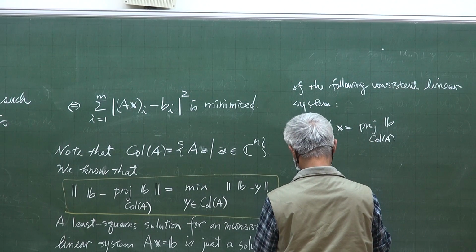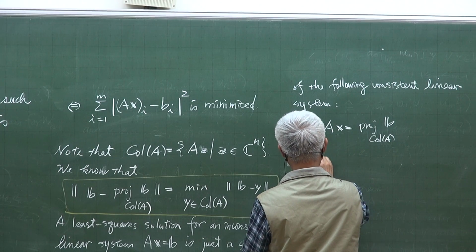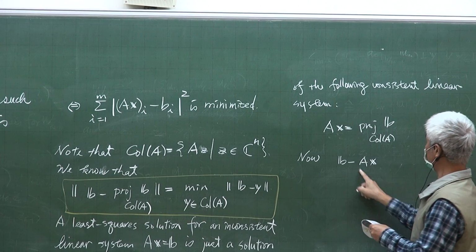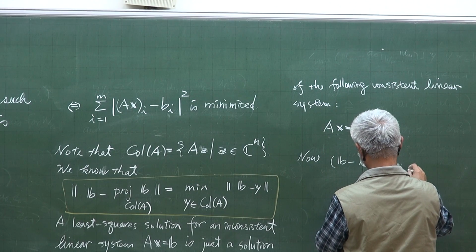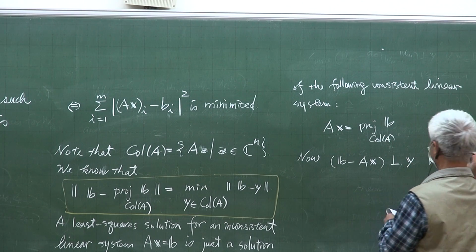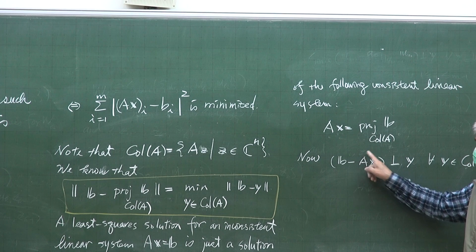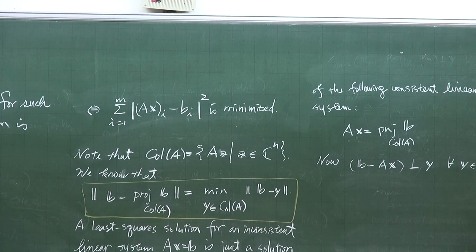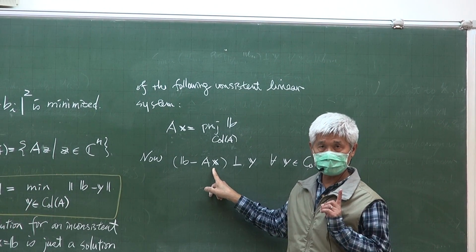Okay, so now B minus AX, because AX should be the projection of B onto the column space of A, so this vector should be orthogonal to all y in the column space of A. Now, AX is already in the column space of A. As a projection onto a column space, this vector should be in the column space of A, and when we express it this way, it already is.